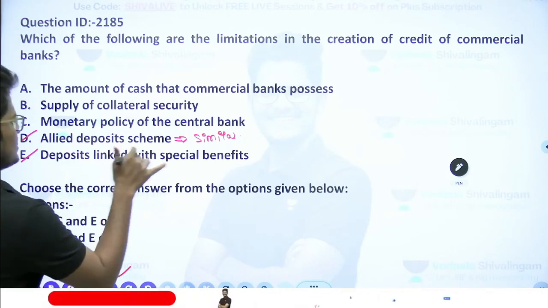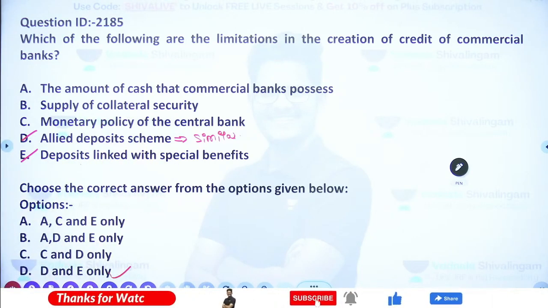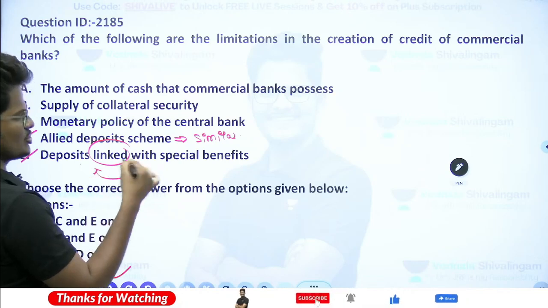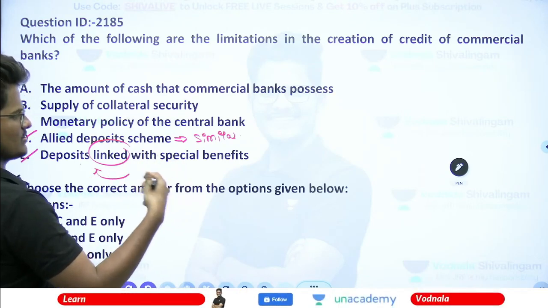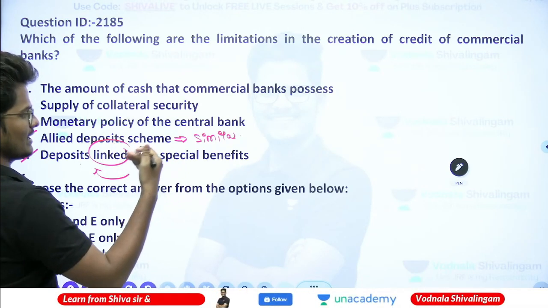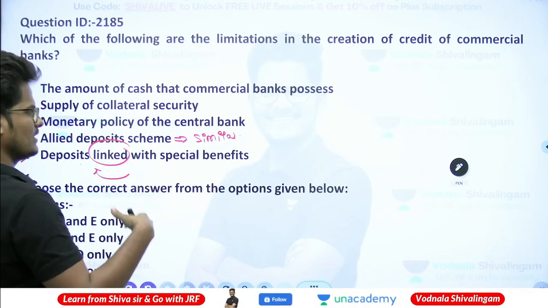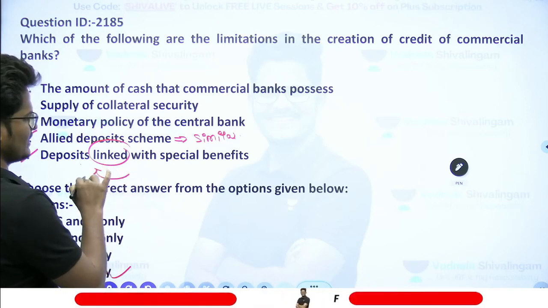And deposits linked with a special benefit. You are linking, like if you deposit this much, you will be getting an insurance also. If you deposit 50,000 or 1 lakh every year, you will get a life insurance for a whole lifetime. If you do it for 10 years, then for the remaining life there is no need to pay anything like that.